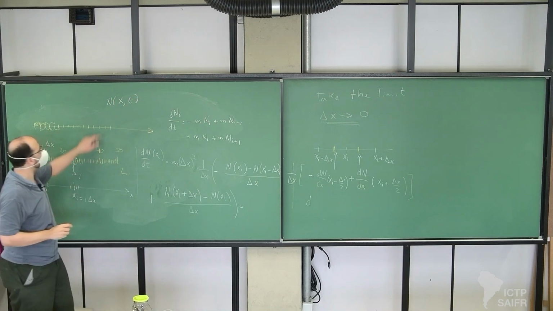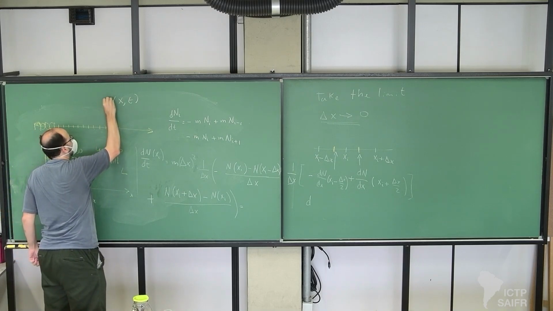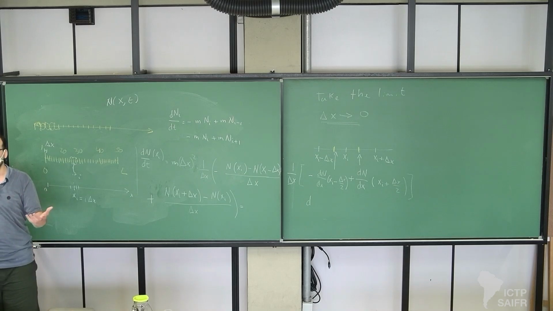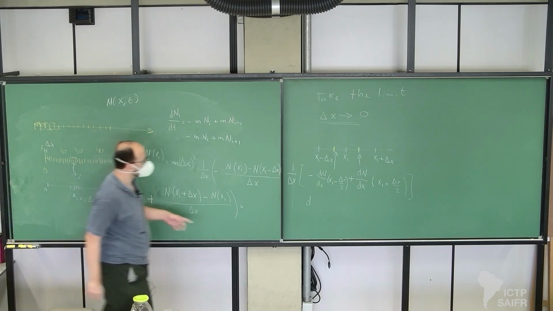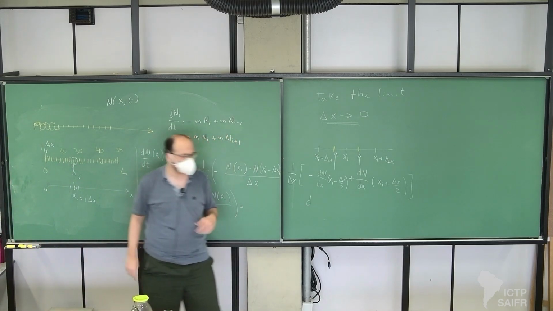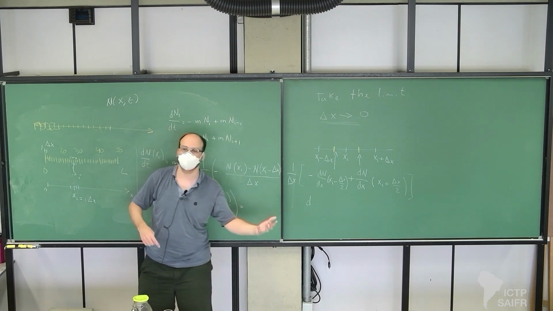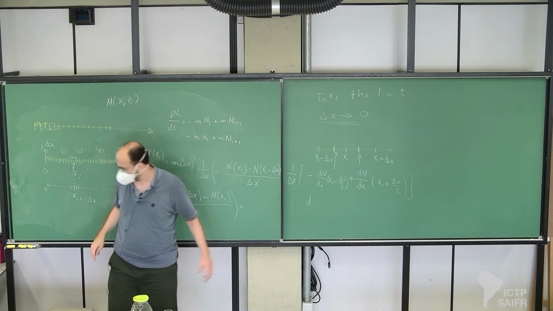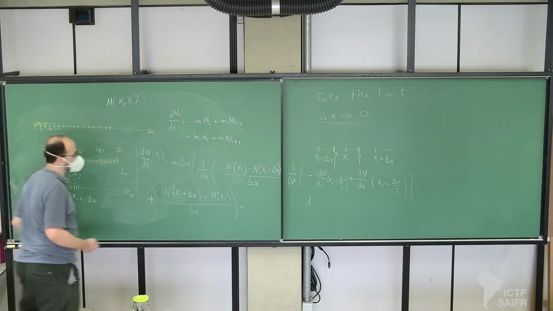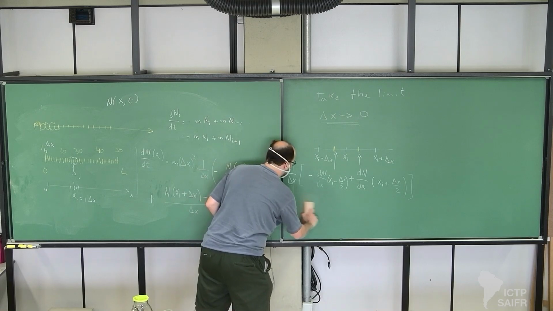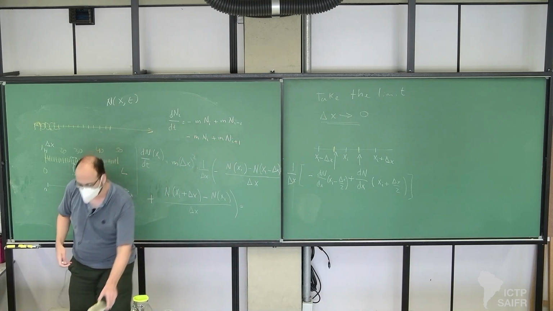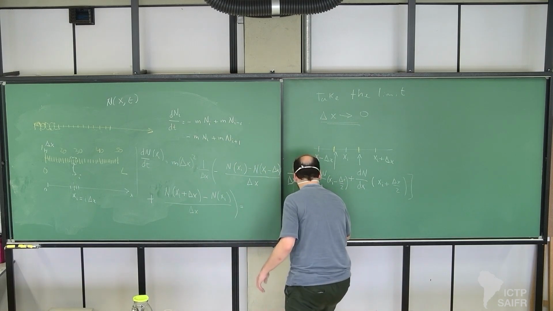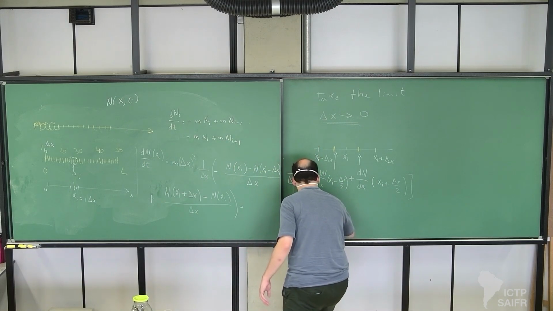When you have a function that depends on more than one variable, when I take the derivative with respect to one variable, I have to keep the other constant, and there's a special symbol for that called del. Instead of a d, I write these derivatives with a del. This is a more technical thing, but so this is going to be del n del t.